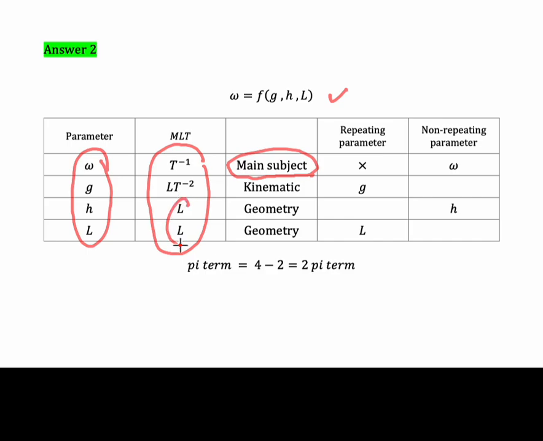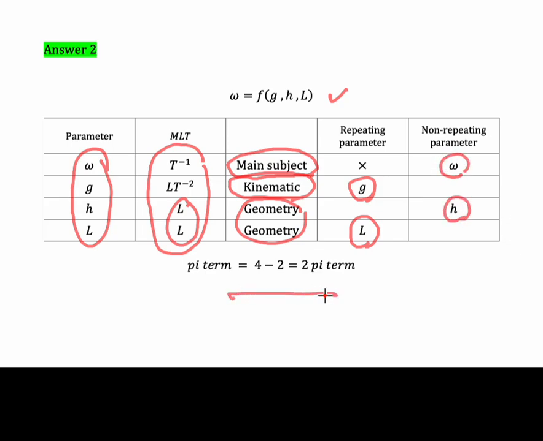The L here is the geometry and the gravity is the kinematic. As mentioned in the question, we have g and L as repeating parameters, which means omega and h are the non-repeating parameters.